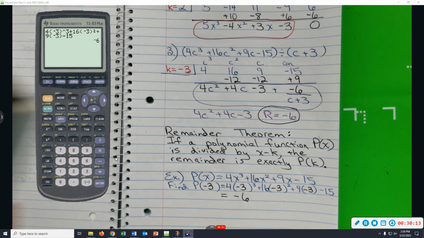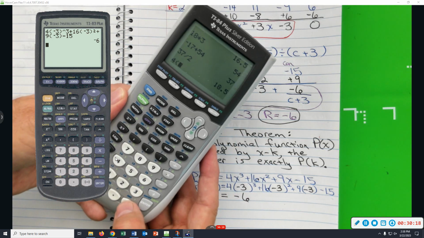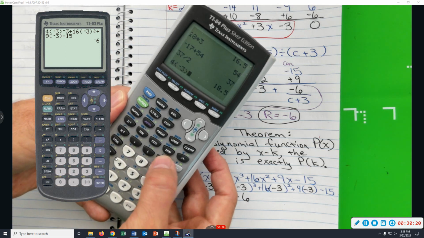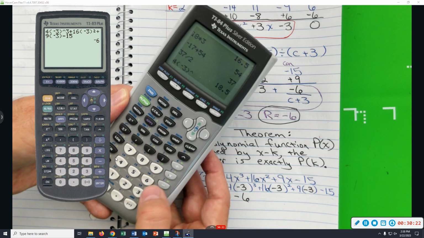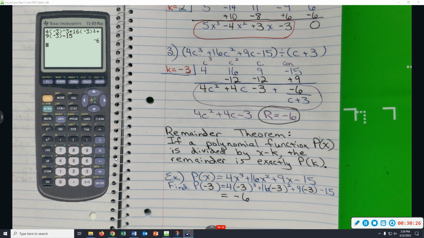So you would go 4, parentheses, negative 3, then the caret top, 3. That's how you would punch in any exponent other than a square. Tony uses that little x square key on most calculators. I use a caret top for every exponent.